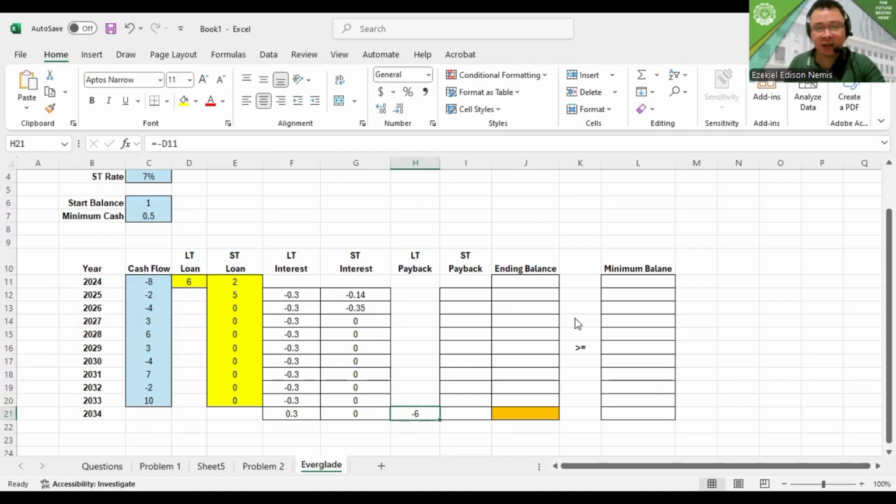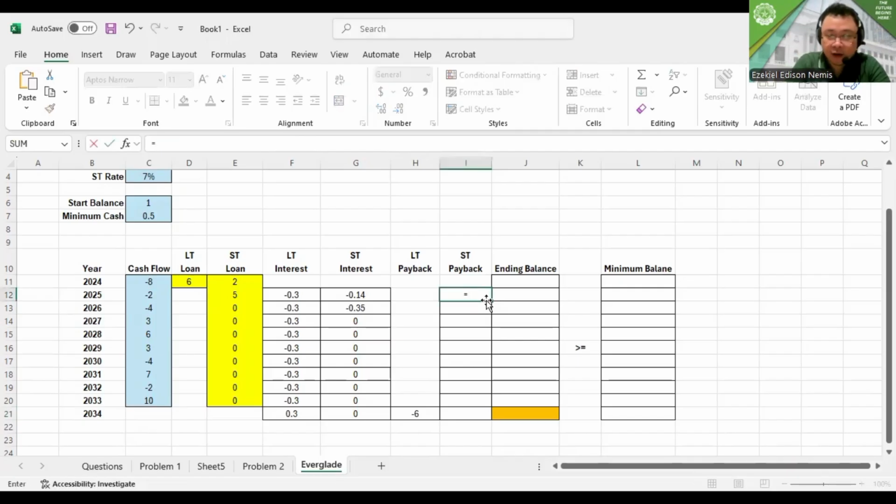Okay, so now this one, let's put the short-term payback. Okay, this is easy also. All you have to do is to put equals, put negative, then click on this one. All right, then press enter.